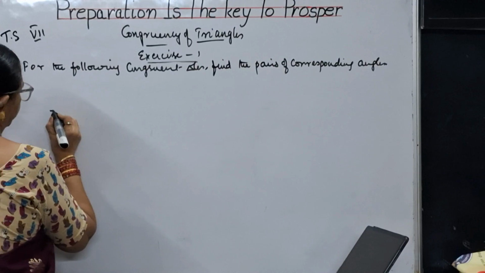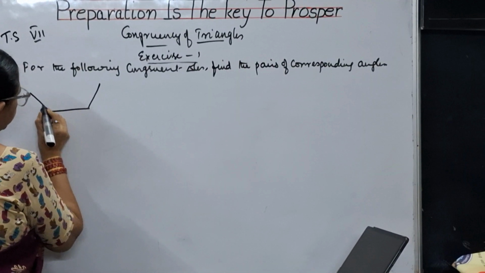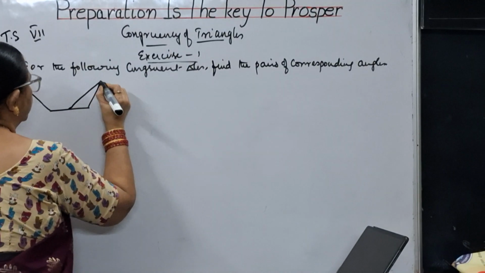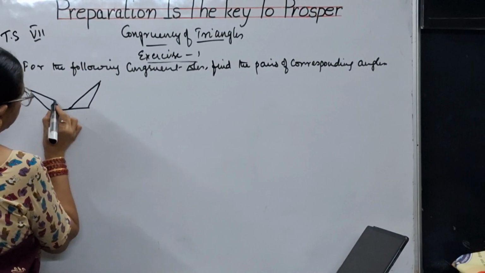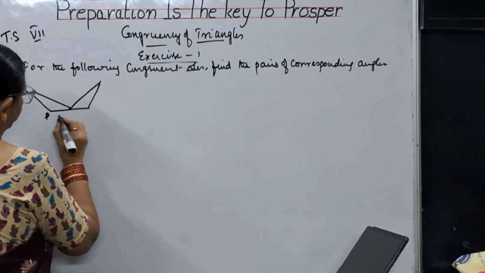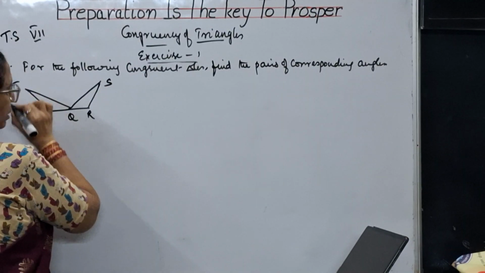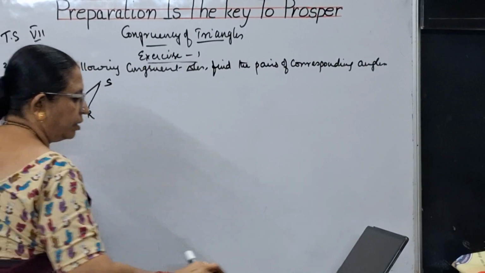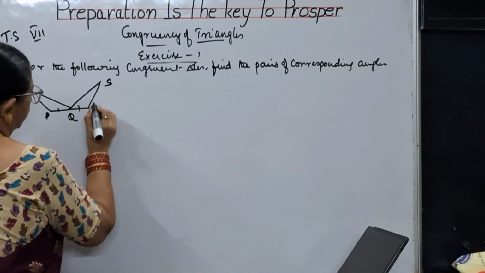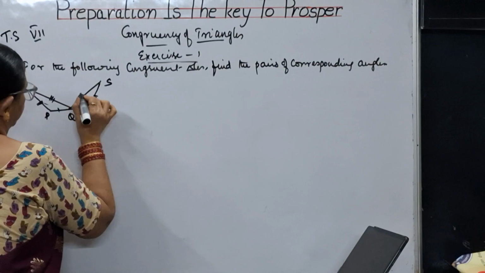So let us take the figures. First problem has got figure in this way. You have got P, Q, R, S, T. And this is 1, 2, and 3 sides.